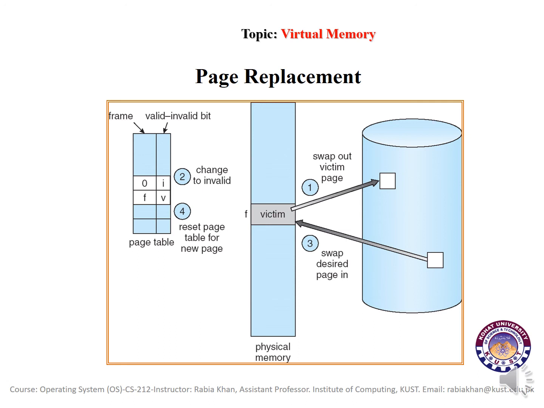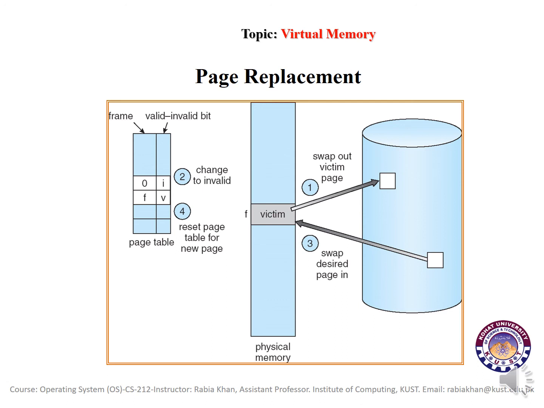If a free frame is not available, only then is the page replacement algorithm activated. The operating system selects a victim page present in RAM that has to be swapped out in order to create a free frame for the coming page. The victim page is swapped out to secondary storage as shown in step 1, and its page table entry gets updated by resetting its valid-invalid bit to 0 as shown in step 2.